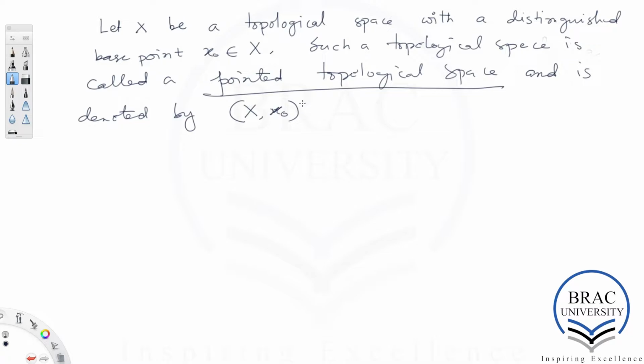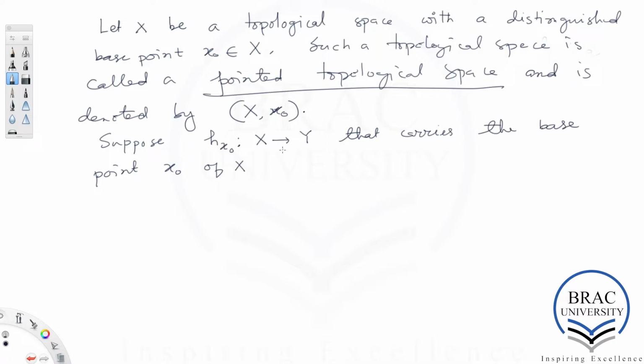Now suppose h sub x0 is a continuous map between these two topological spaces that carries the base point x0 of X to the point y0 of Y. That is, h sub x0 of x0 is equal to y0.